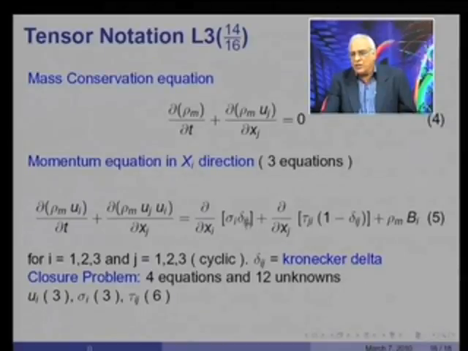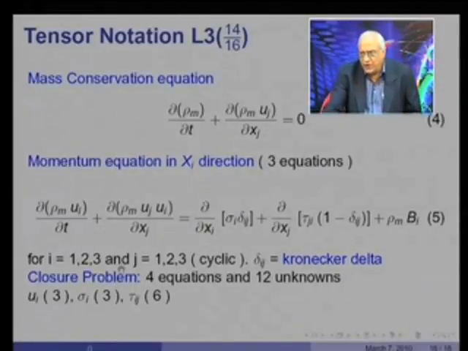So these terms will survive only when i is equal to j. Plus d by dxj of tau ji times 1 minus delta ij, these terms will survive only when i is not equal to j, plus rho m bi, and in tensor notation we write it in this fashion for i equal to 1 to 3 and j equal to 1 to 3 cyclic.